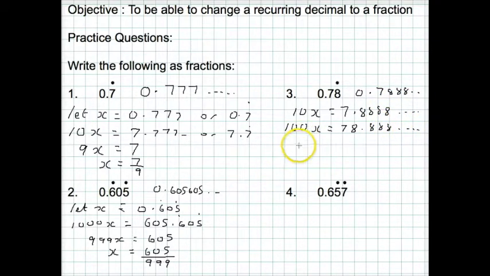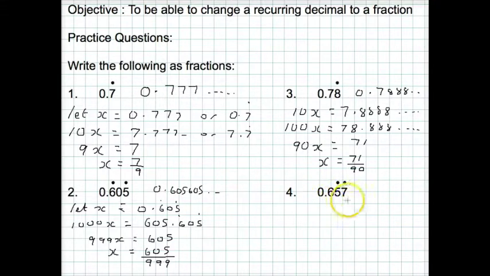So I can take the 10x away from the 100x to leave me with 90x. That would be the 78.8 take away the 7.88, which leaves me with 71. And now, just like before, it's a case of dividing 71 by 90, which gives me 71 over 90.